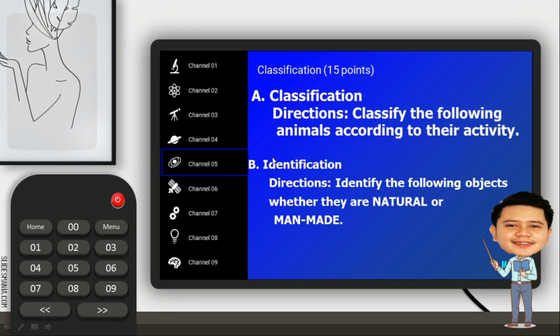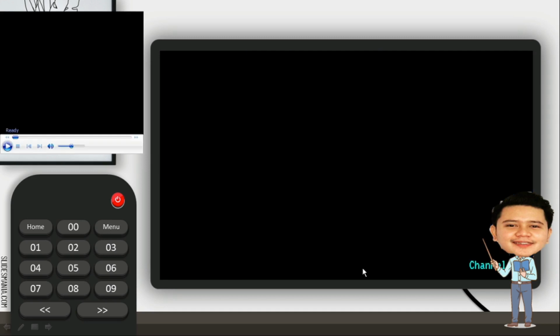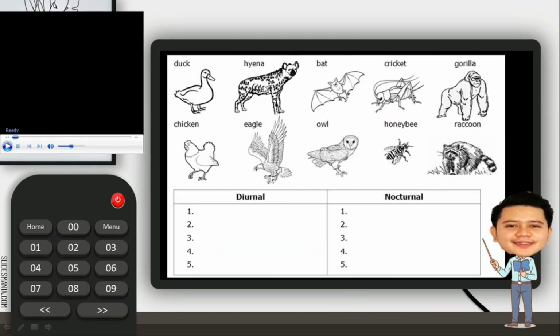And for identification, which is letter B, identify the following objects, whether they are natural or man-made. So let's go for channel 5. And of course, I will give you 5 seconds to answer each number. Okay, are you ready? Let's start.